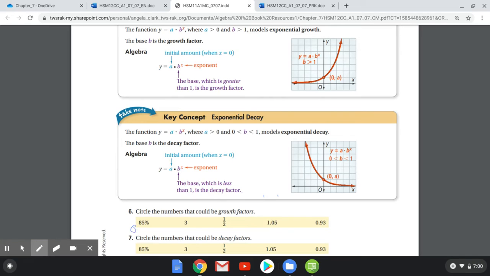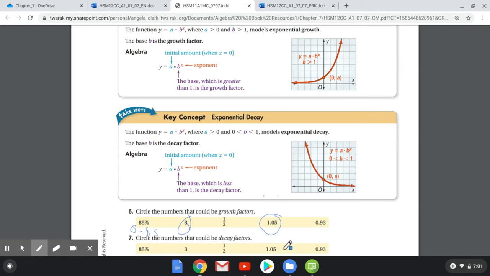That's not more than 1, so that's not growth. 3 is greater than 1, so this would be growth, because it doesn't say 3%, it just says 3. 1/2 is less than 1, so that's not going to be growth. 1.05 is greater than 1, so that's going to be growth. 0.93 is less than 1, so that's not growth.